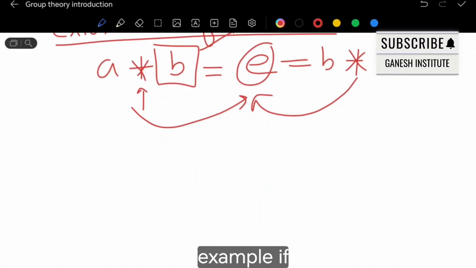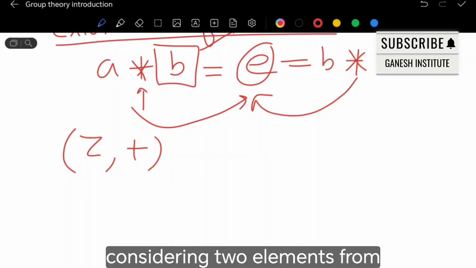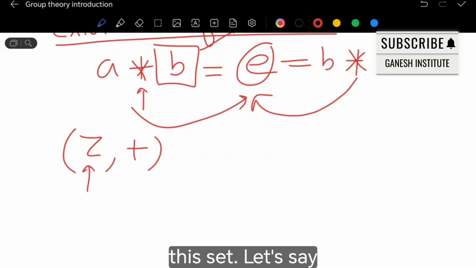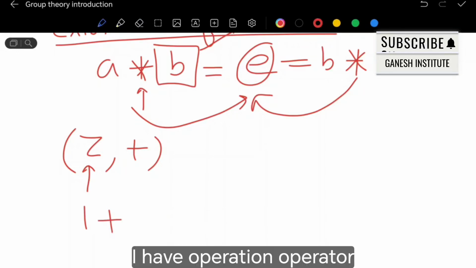For example, if I talk about Z plus, integers under plus, I am considering two elements from this set, let's say 1 and 2. I have the operator plus here.